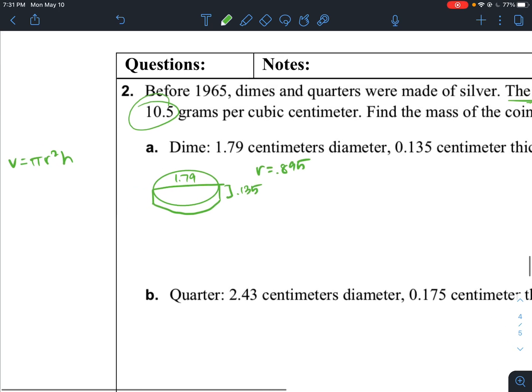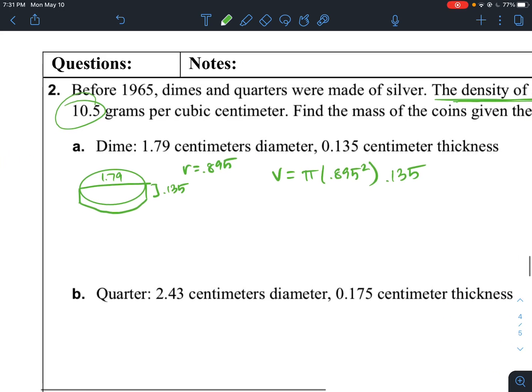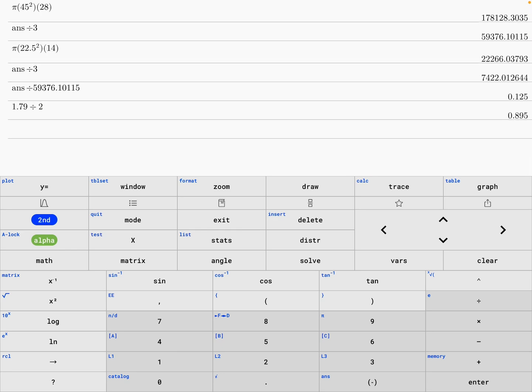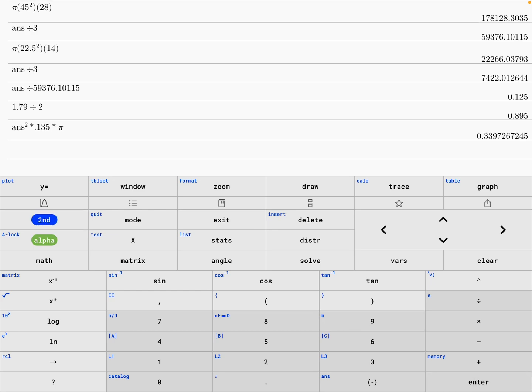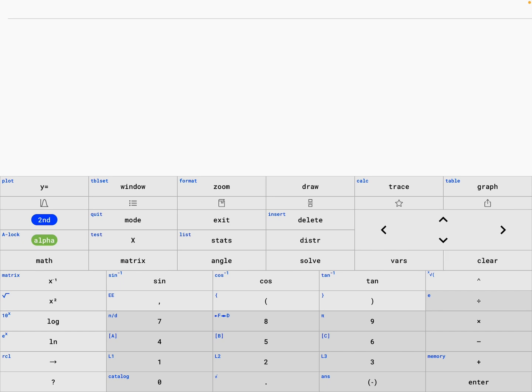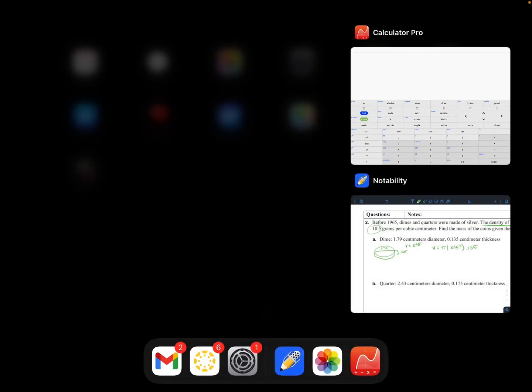Okay, so we can find the volume of the dime by doing pi times the radius, which is 0.895 squared, times the height, 0.135. I probably need to make sure that I'm typing this in right, getting ahead of myself.